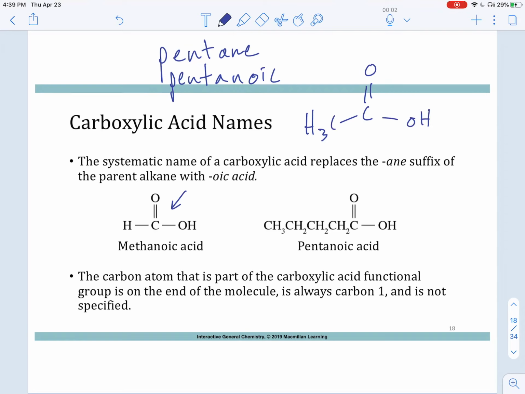What would the actual systematic name for acetic acid be? One, two. So we need our ethane, and we just say acid, ethanoic acid. So acetic acid is actually called that.